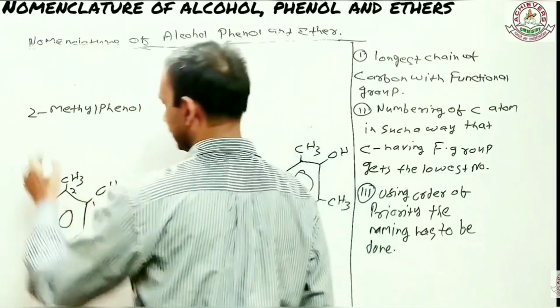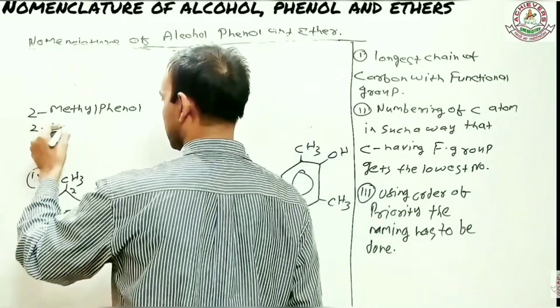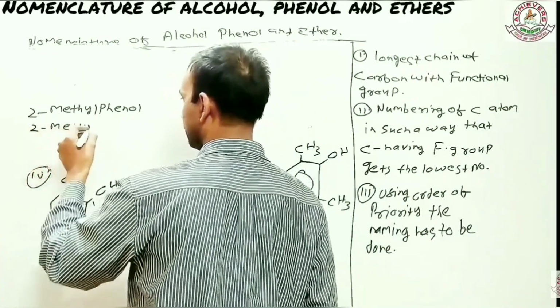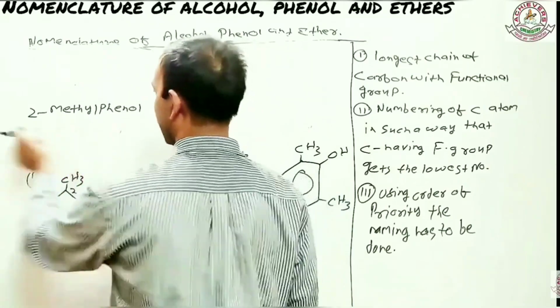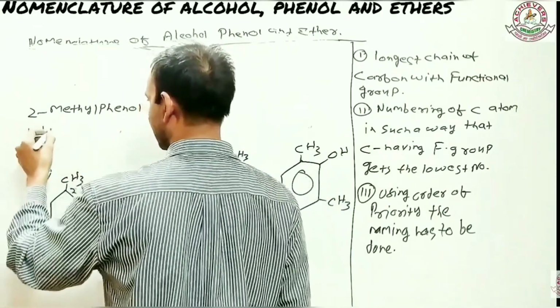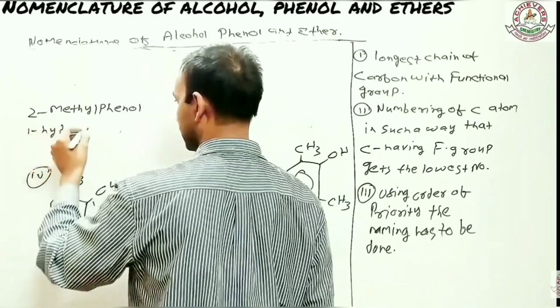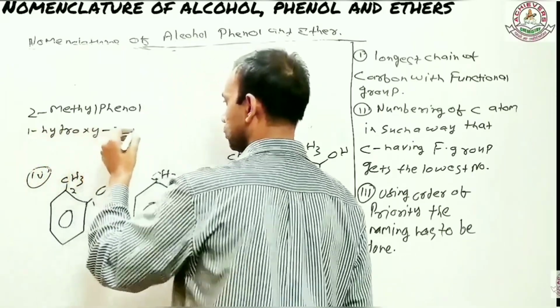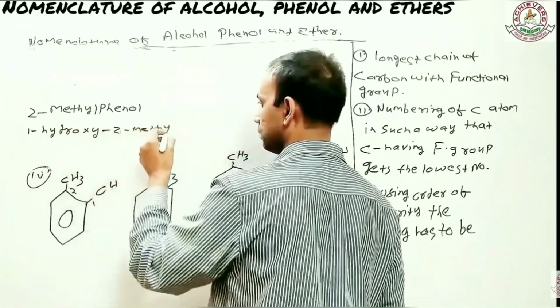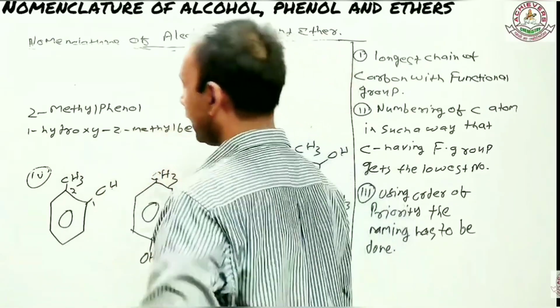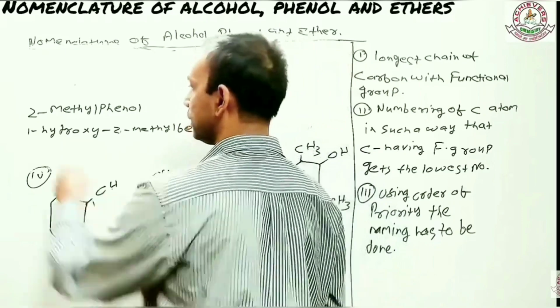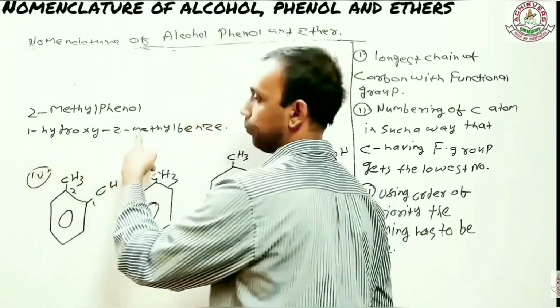This can also be written as 1-hydroxy 2-methyl benzene, because alphabetically, hydroxy is written with H, which comes before the M alphabetically.